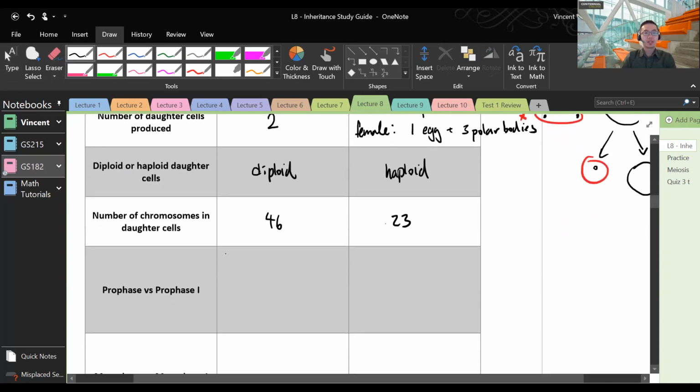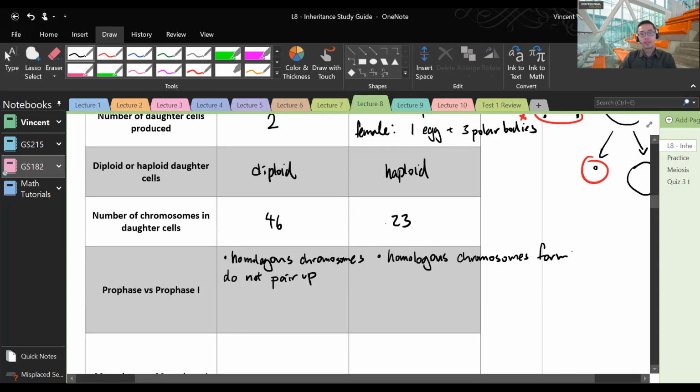Prophase versus prophase 1. So in prophase, basically nothing much happens. Homologous chromosomes do not pair up. Okay. Prophase 1, what happens is homologous chromosomes form tetrads.